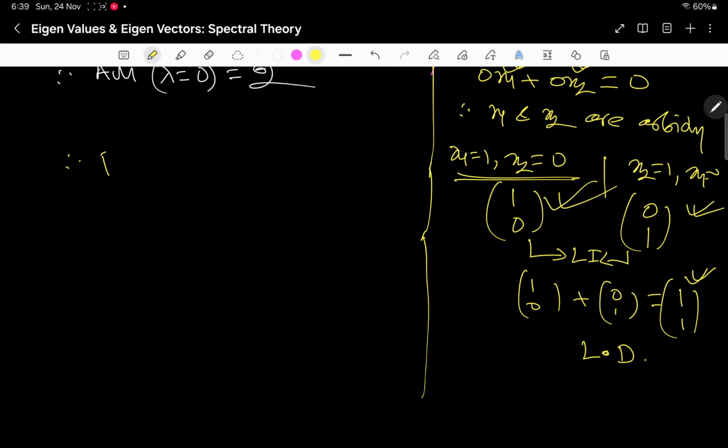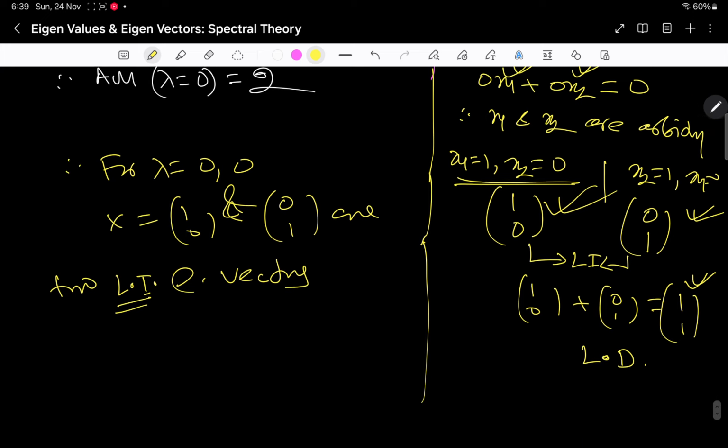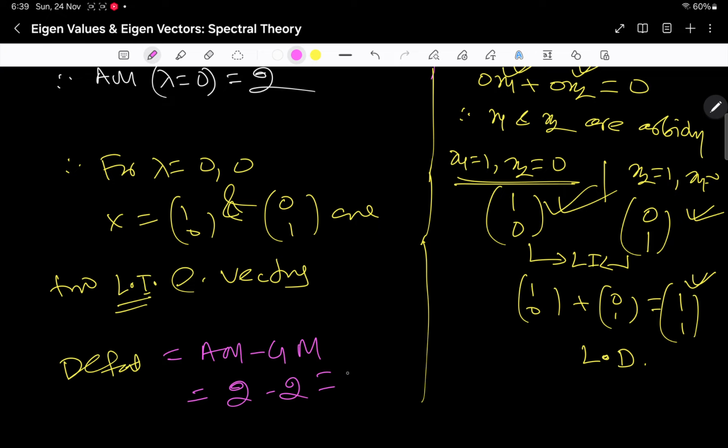Therefore for lambda equal to 0 and 0, x equal to 1 0 and 0 1 are two linearly independent eigenvectors. So the geometric multiplicity is 2 here. What is the defect here now? The defect is algebraic multiplicity minus geometric multiplicity, 2 minus 2 is equal to 0.